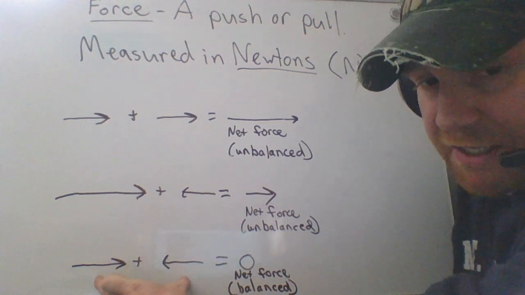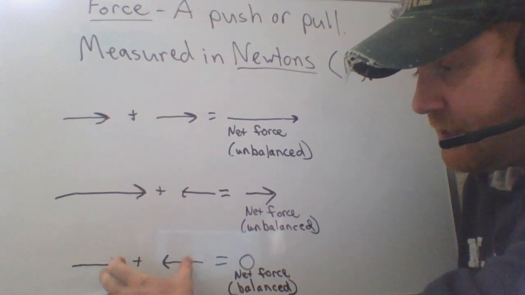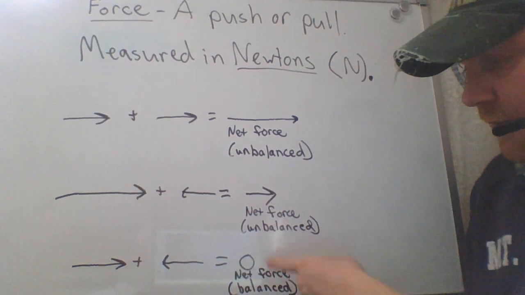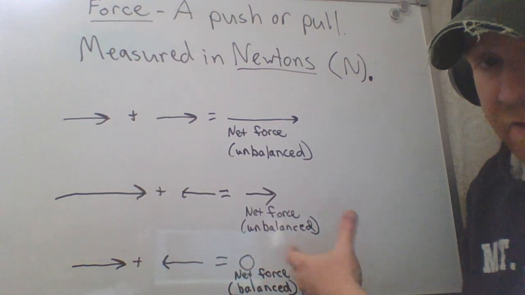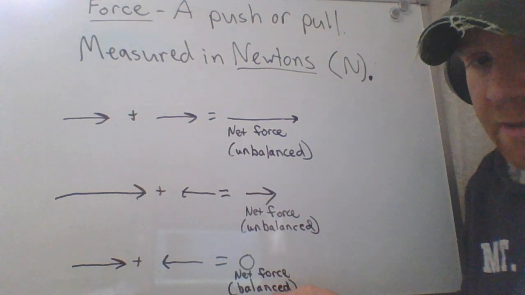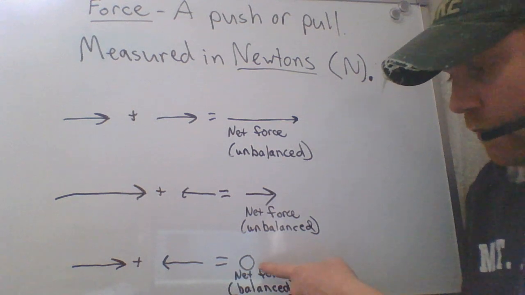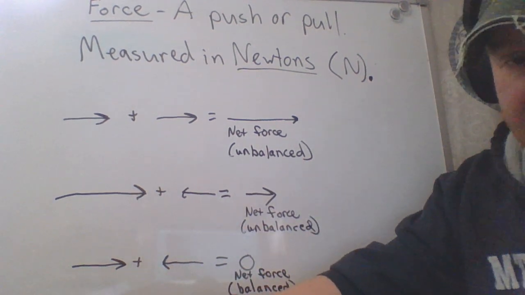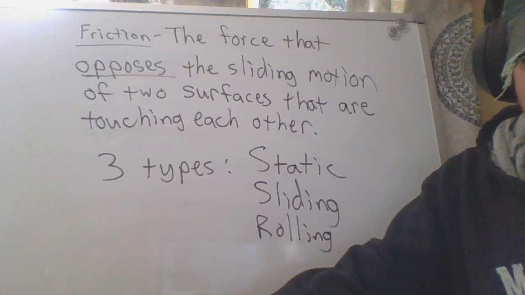Let's assume these are the same forces going in opposite directions. So you'll have a net force, the sum of the forces, of 0. What we have here is a balanced force, total force of 0. The object is not going to move or accelerate in any direction.